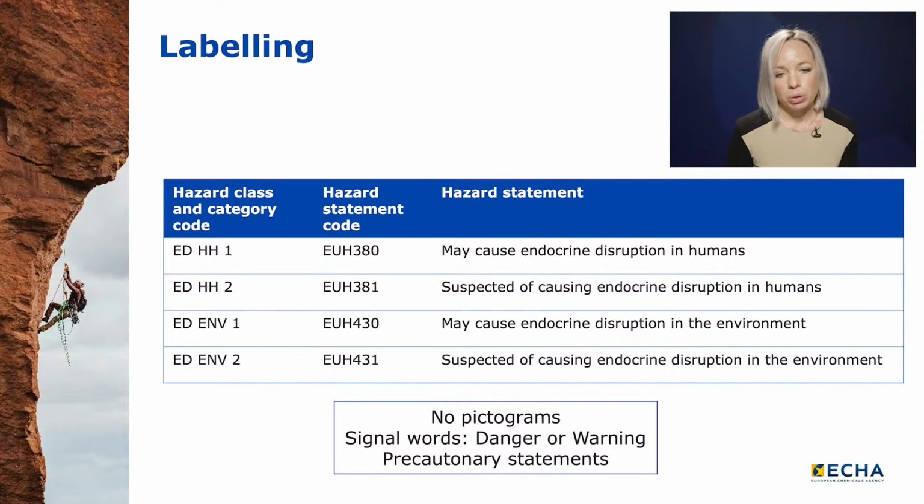There are so-called EU-specific hazard statements, EUH 380 and 81 for ED human health, and for comparison you can see here also the ED environmental statements, which Marta will tell more about in her presentation. Currently there are no pictograms for the labeling, but they may come if applied via GHS. For signal words there are danger and warning depending on category, and list of relevant precautionary statements you can find in the CLP regulation.